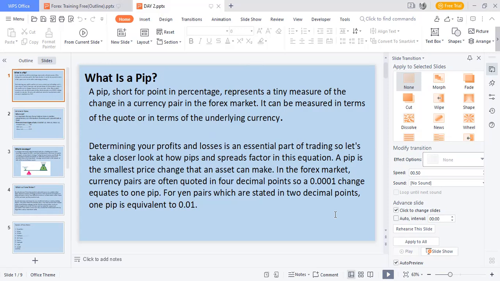I have a very simple calculation we can use for pips, and this calculation is very straightforward.